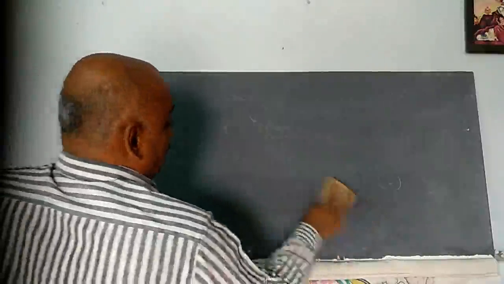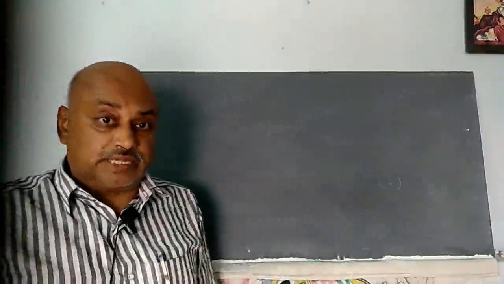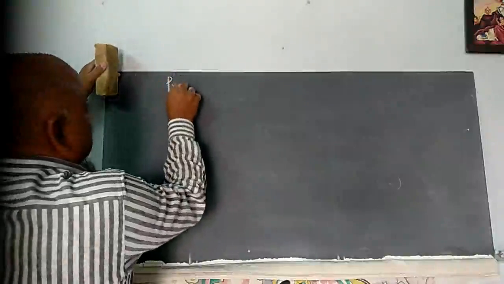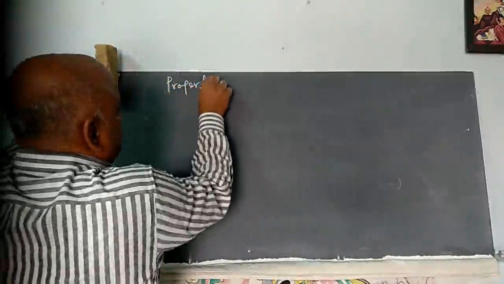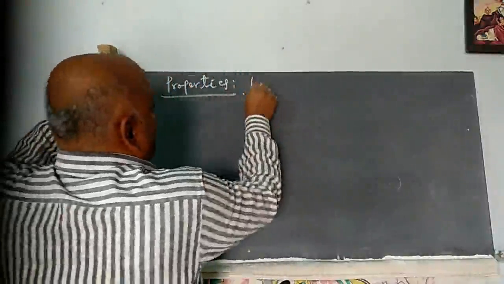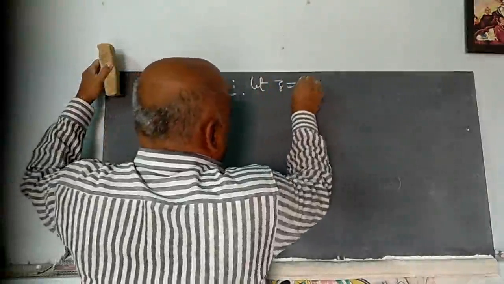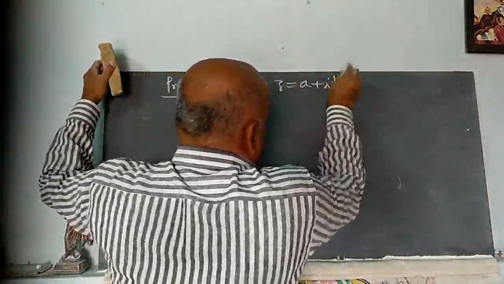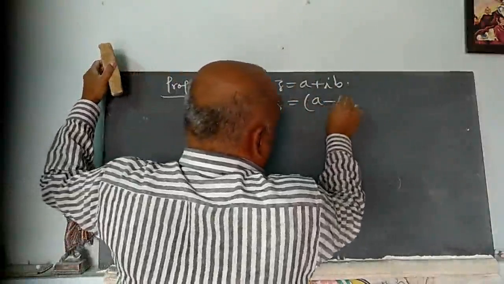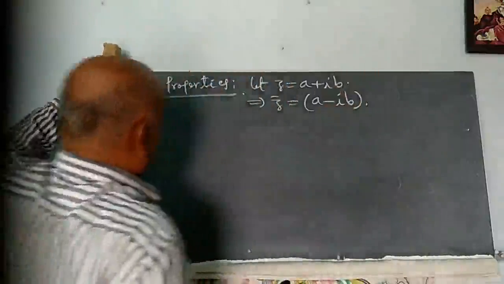Next, there are some properties on the concept of argument of z. Let z is equal to a plus ib. This implies z bar is equal to a minus ib.